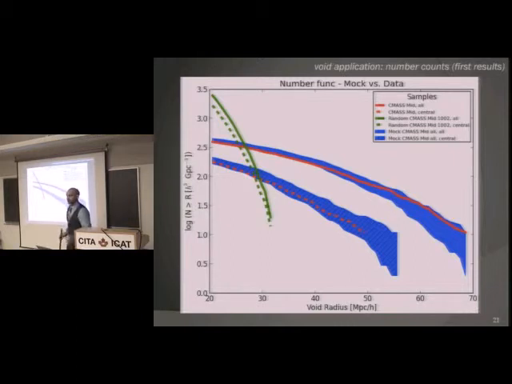So these radii are based on the volume, right? And what is the typical density in these voids? Is it the mean, or is it half the mean? Typical density? It's around 0.2. 0.2 of the mean number density of particles. So a void is no more dense than around 20% galaxy density.